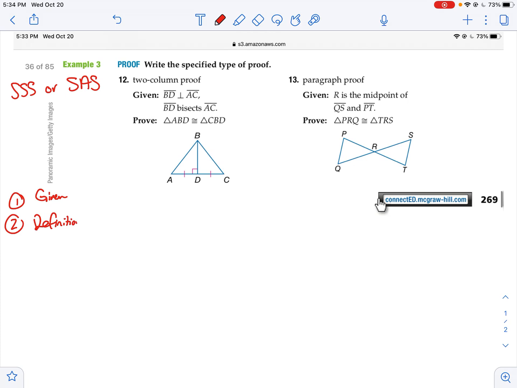I'm always going to look for those. So always look for your givens and your definitions. And I'm going to try to identify any reflexive property sides as well, so any shared sides or vertical angles, things like that.